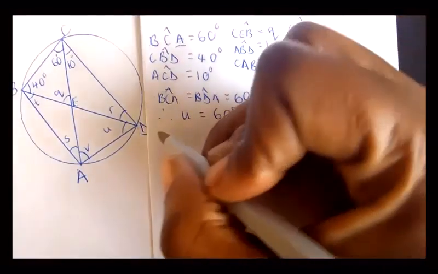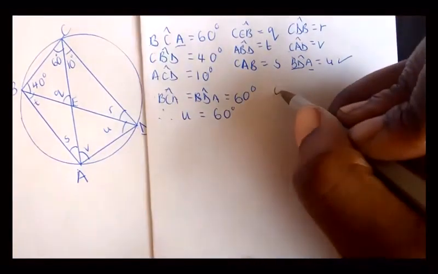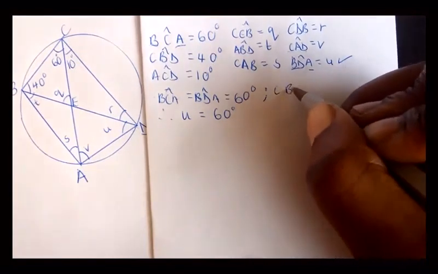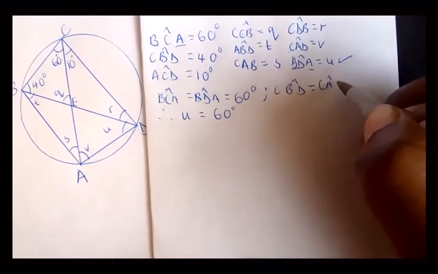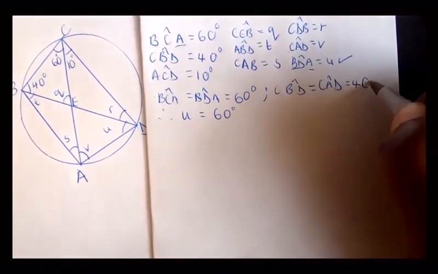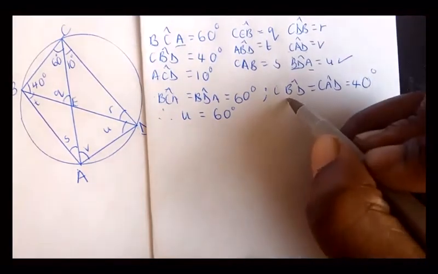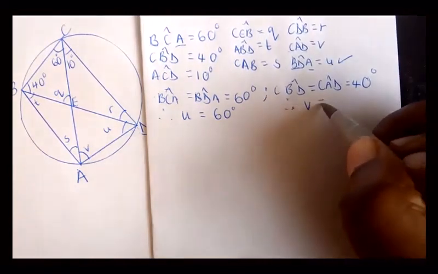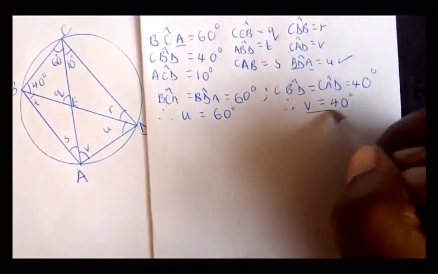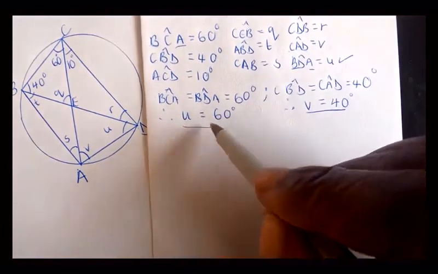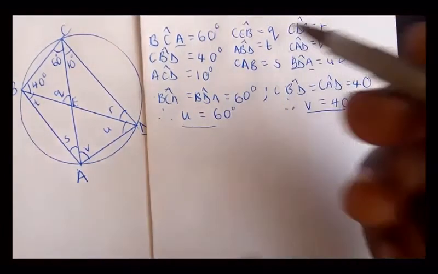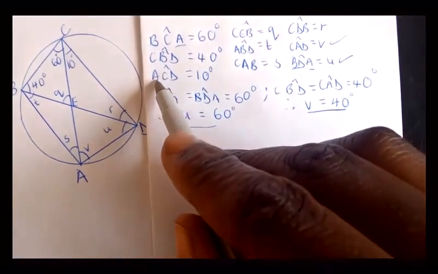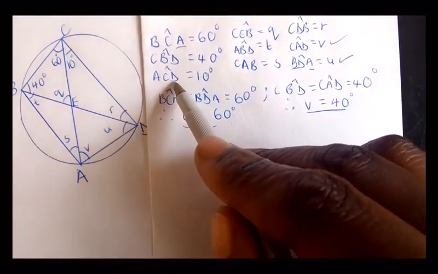So they are equal. Therefore, CBD is equal to CAD, which is equal to 40 degrees. Therefore, angle V is equal to 40 degrees. Now we are left with how many angles? 1, 2, 3, 4.